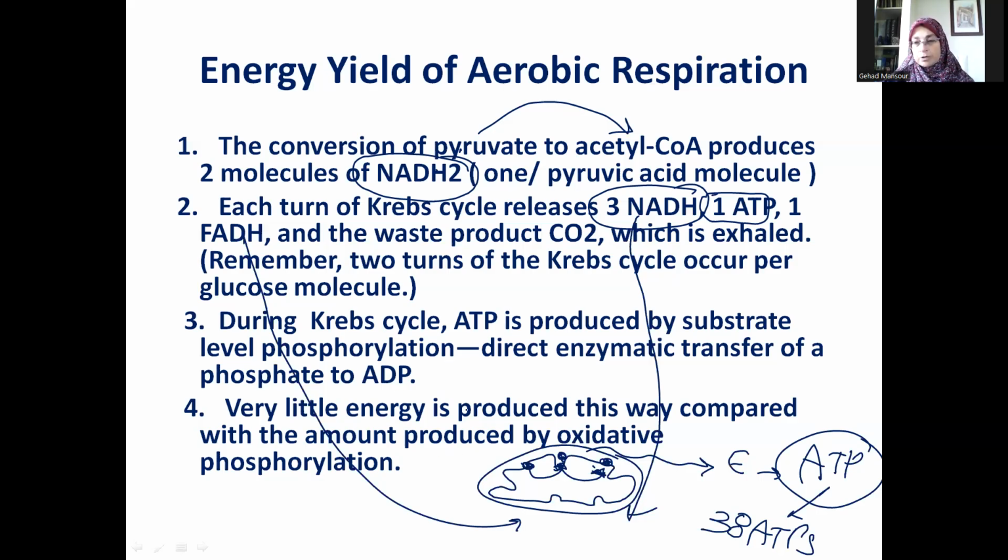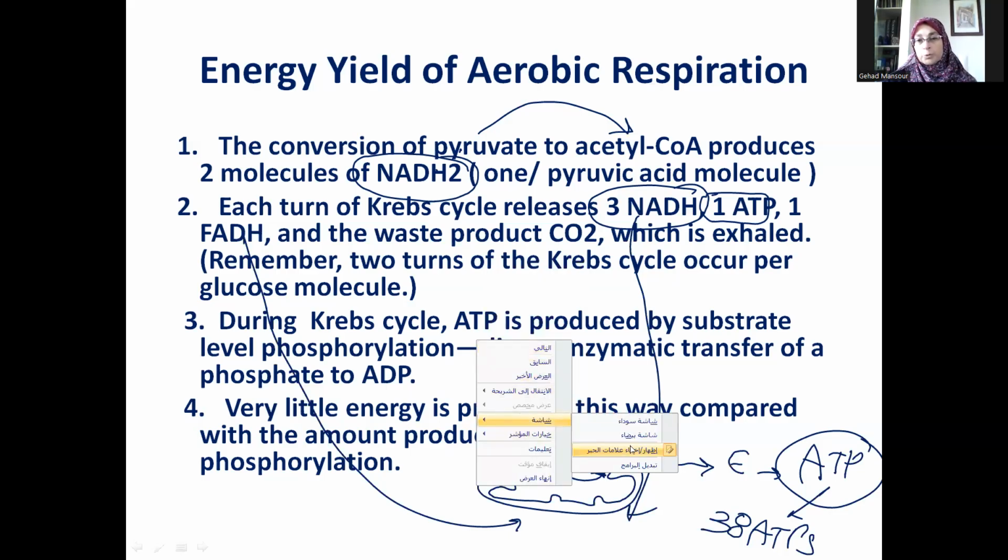Every molecule, we are going to write this on a new screen because it is important. So on this screen, we are going to discuss the indirect energy yield of Krebs cycle.